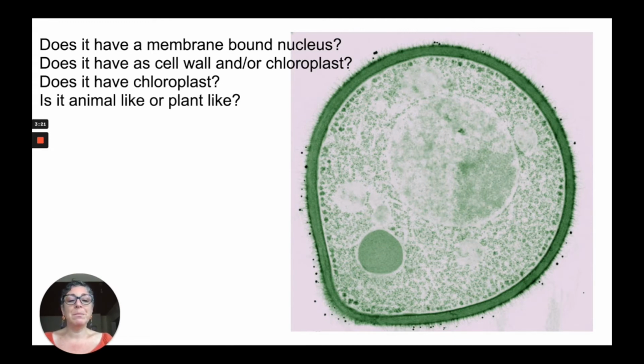Now, what might be throwing you off with this one is that it looks green, and that is because it has been dyed green in order to see the structures more clearly. So the fact that it is dyed green does not mean that it actually has chlorophyll pigment in it. So that is something that is a little confusing. Is it animal-like or plant-like?